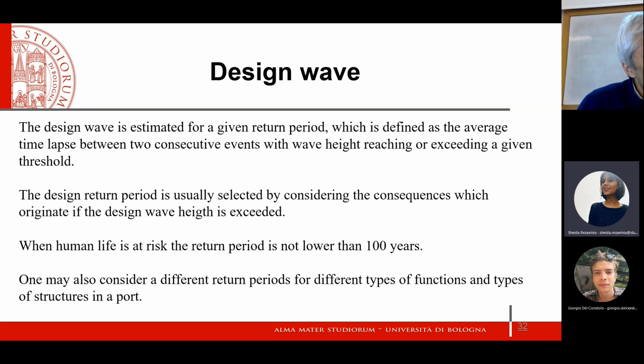So when human life is at risk, let's keep this difference very clear, also in terms of return period selection, but also in terms of our conceptual approach to design. It's a different story. And in fact, this may seem like something trivial, but it's not, because if you think of insurance companies, they monetize everything because they basically need to monetize also the value of the human life because they insure also human life.